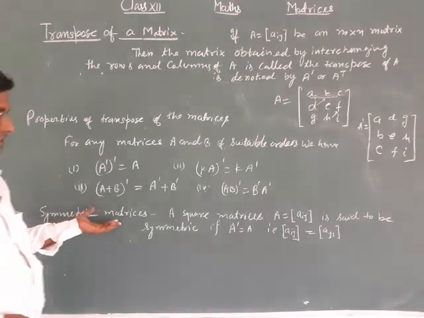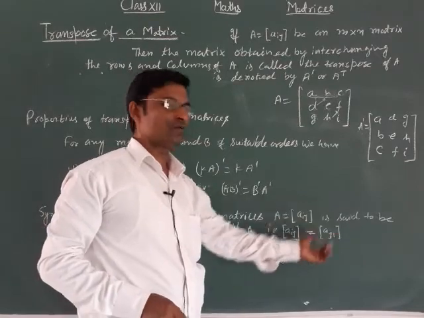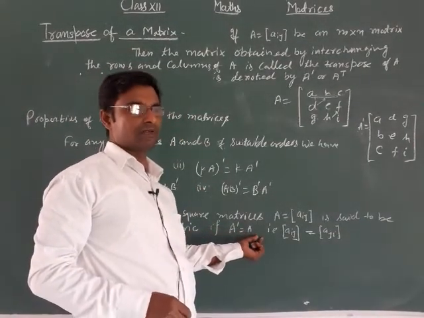Symmetric matrix: a square matrix A, a_ij, is said to be symmetric if A dash is equal to the original matrix.